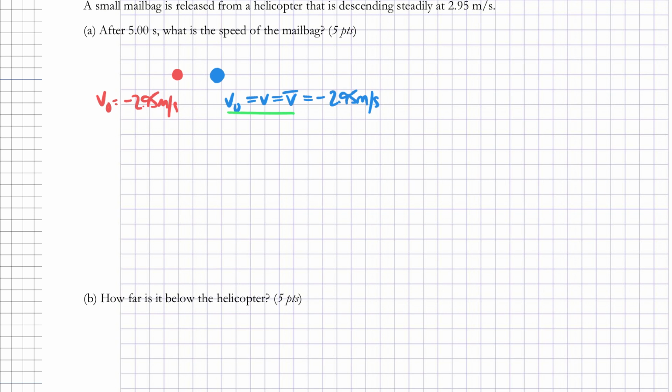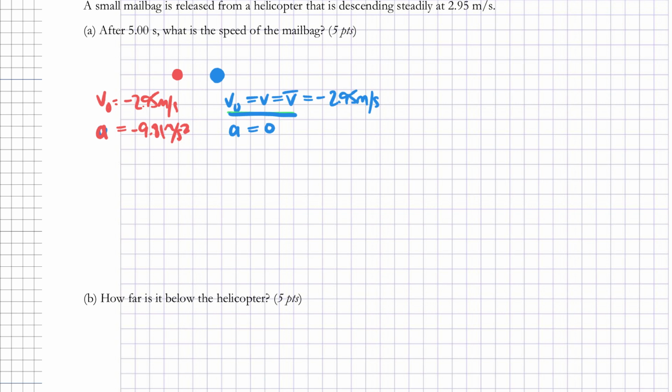The other thing to note here is, acceleration equals negative 9.81 meters per second squared. Acceleration for the helicopter is non-existent, right? Its acceleration equals 0. In fact, that's why those things are true.